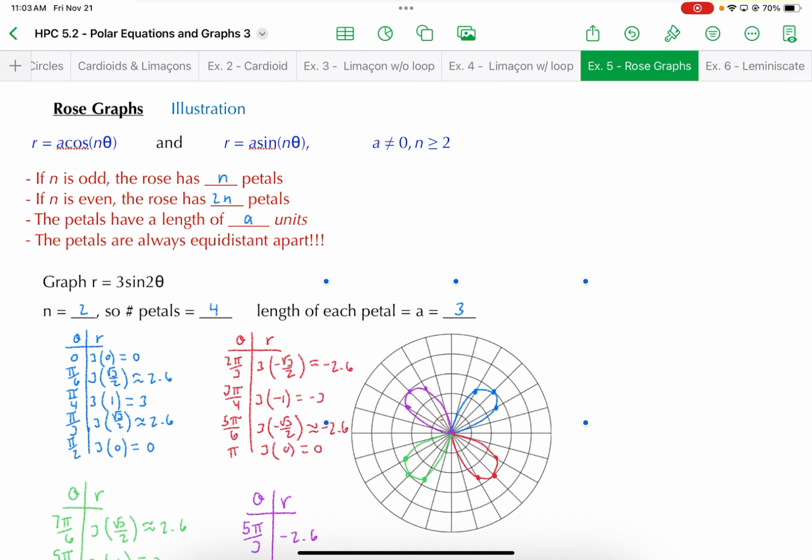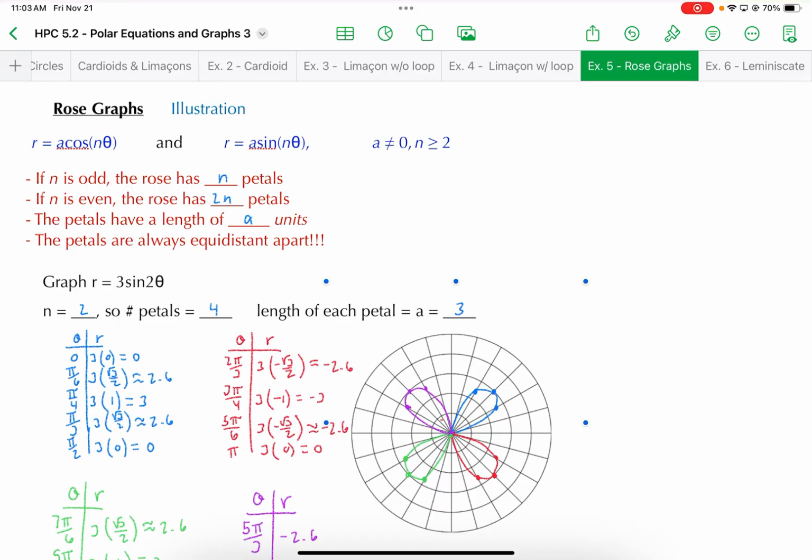So what you could do is say, in this case, the furthest point on this petal was at, where was that at? Pi over 4, right? Okay. I know there's 4 petals. There's a total of 2 pi, or 360 degrees, in one revolution, right? So I'm going to divide that by 4.